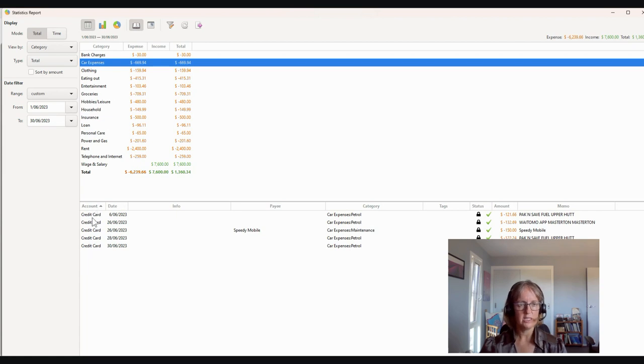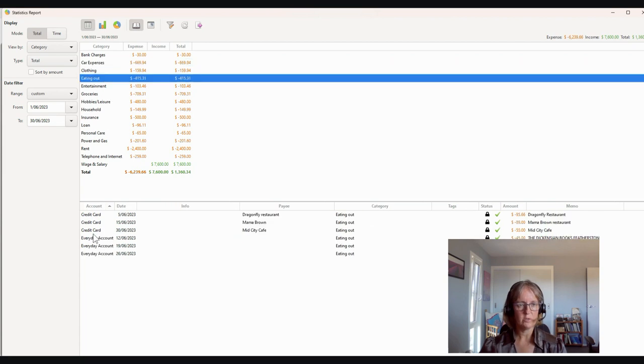So I tend to sort on the account. Sometimes you can see that for their eating out, they've put money on the credit card, they've put money on the everyday account. And I like to look and see how much is going out of a joint account or an individual account versus how much is going on the credit card. That gives me an idea of where we're prioritizing spending the money.